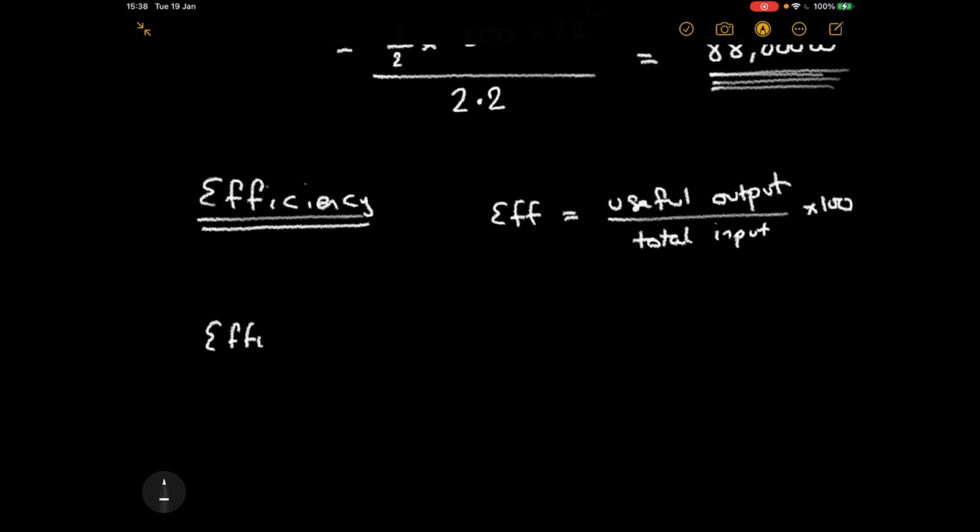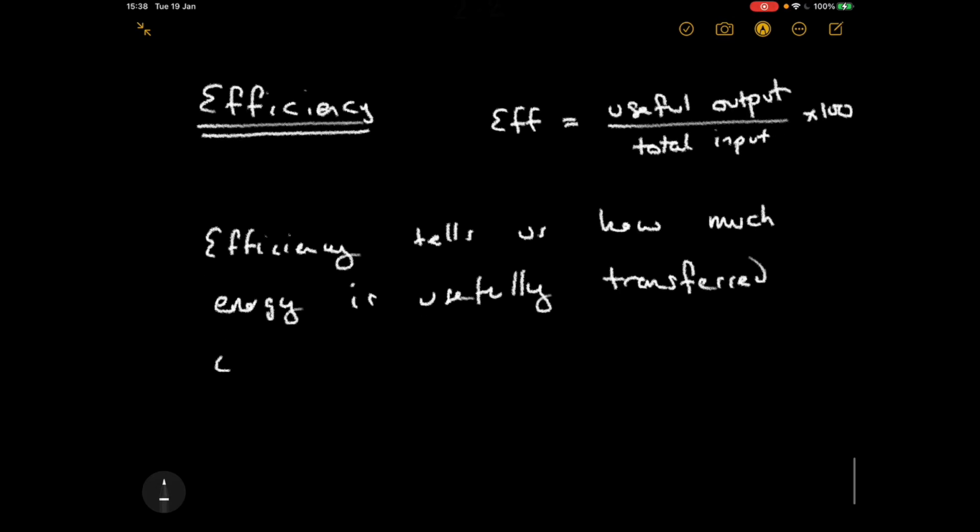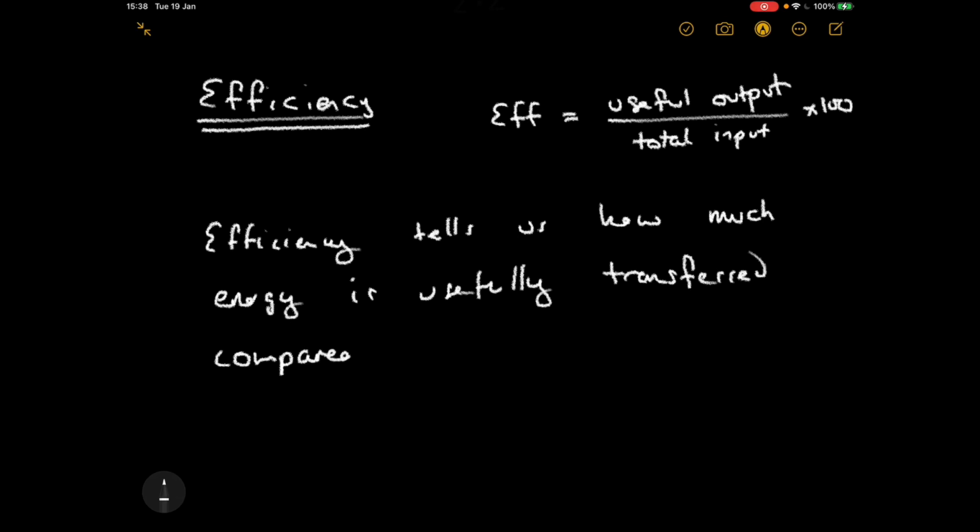Efficiency is how much energy is usefully transferred compared to the input.